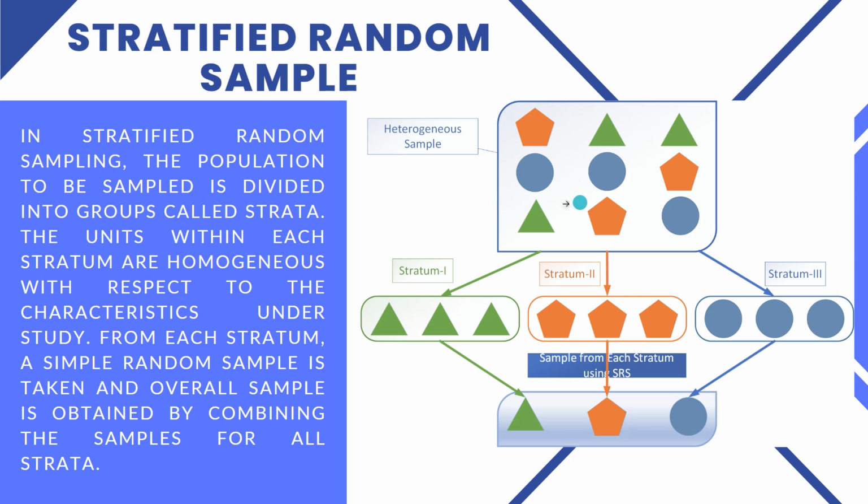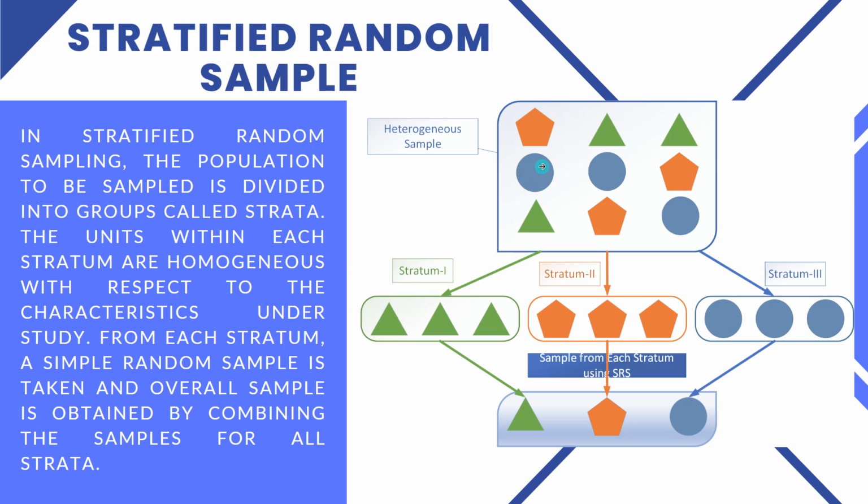As you know, in this population, you can see we have a distinction with respect to pictures. These are the similar pictures, these are the squares, and these are the conic pictures. So this is a group of heterogeneous population.